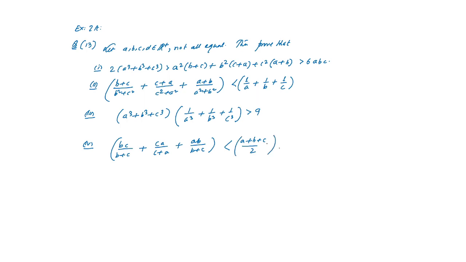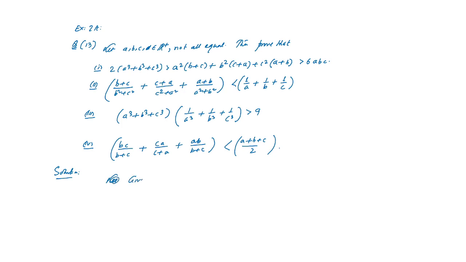Okay. So here a, b, c are positive real numbers. Now the question is how to solve this kind of problem. So now we'll come to the solution. What is given?